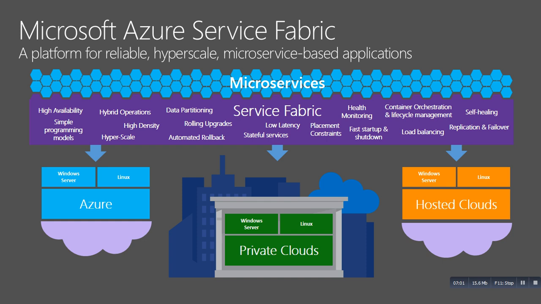If there is any issue with any service, it will fail over. Underneath Service Fabric, as you see, we can deploy on Azure, on-premises, in a private cloud, or in any other hosted cloud, and deploy your microservices with Service Fabric.